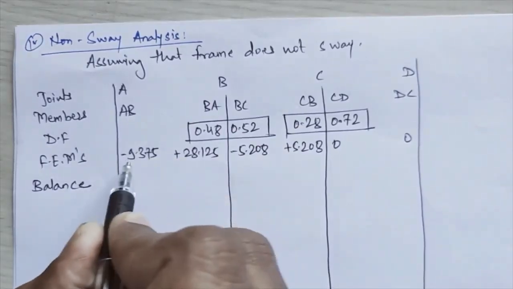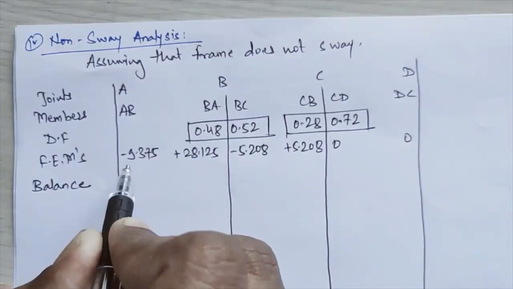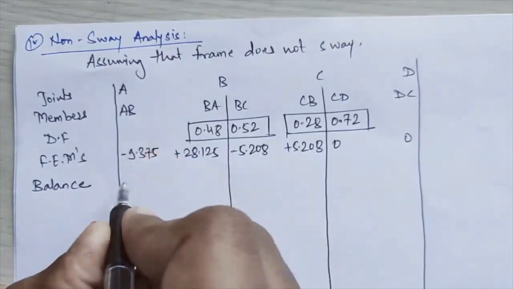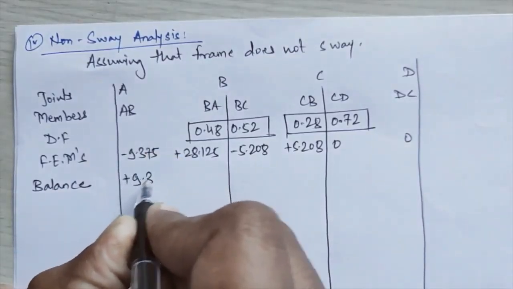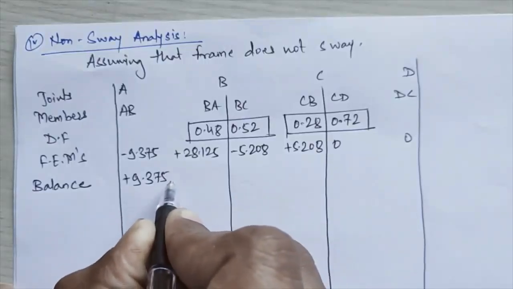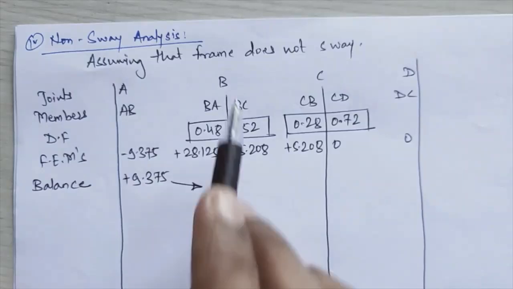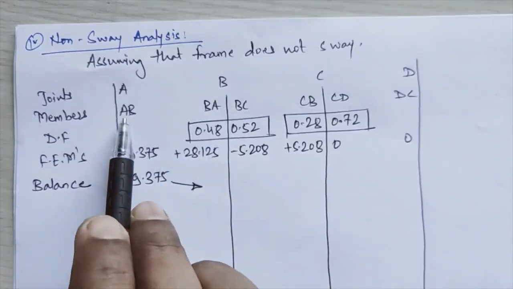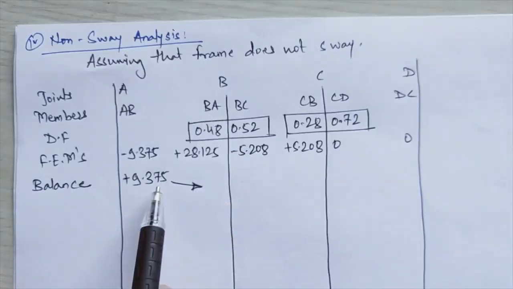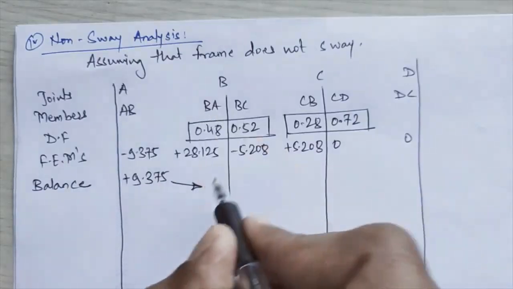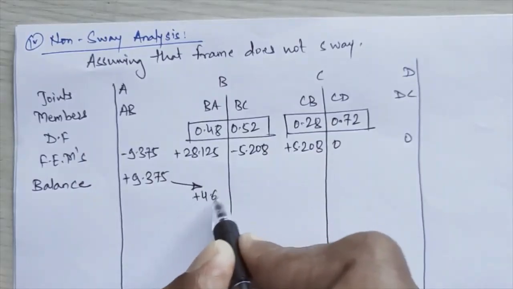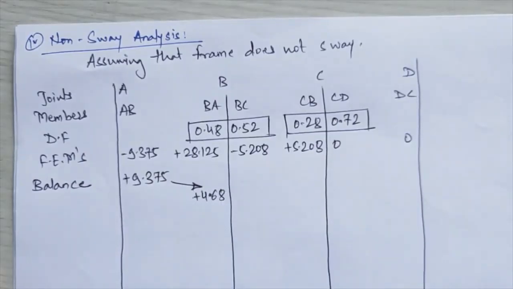Initially the fixed end moment is minus 9.375, so the balancing moment is plus 9.375, out of which half will get carried over to its next capable support, that is support B. That is, the AB moment will get carried over to BA. So half of 9.375 comes equal to plus 4.68.